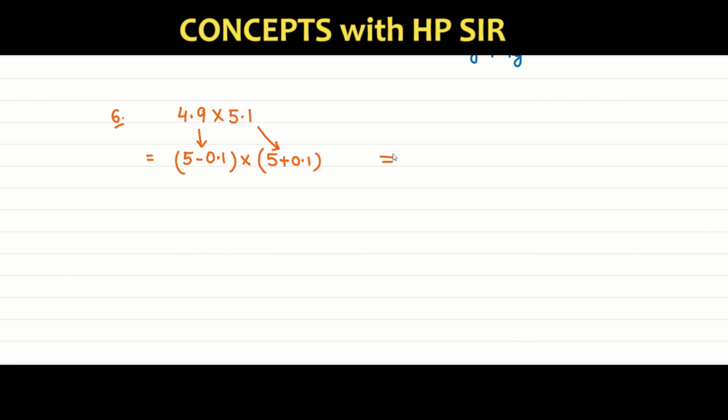Now as you can see, this has come out to be in the form (a - b) into (a + b), and it is equal to a square minus b square, the third identity. Hence we can write it as square of 5 minus square of 0.1. So 25 minus 0.01, that means 24.99. So we can use our algebraic identities in solving normal decimal multiplication questions.